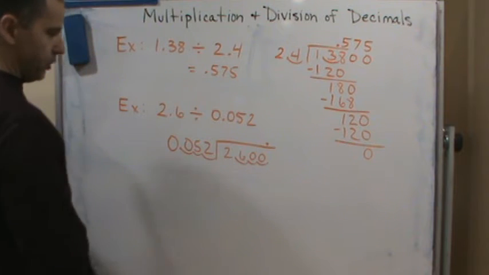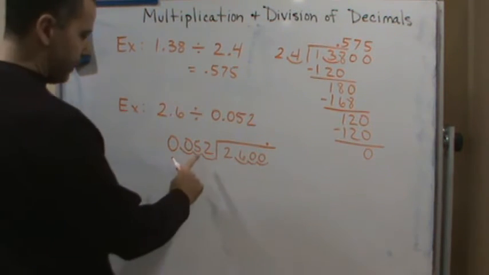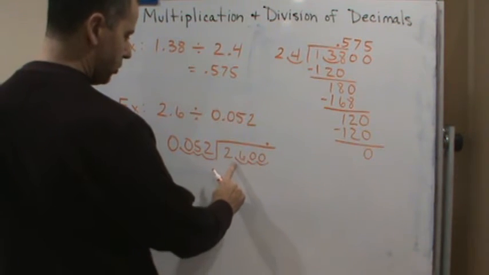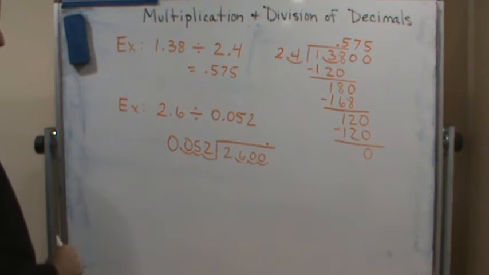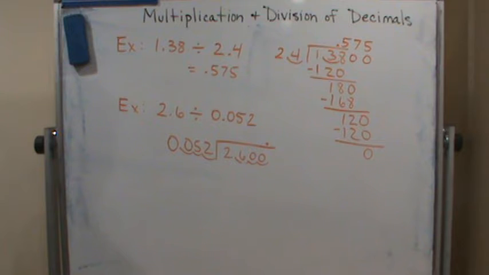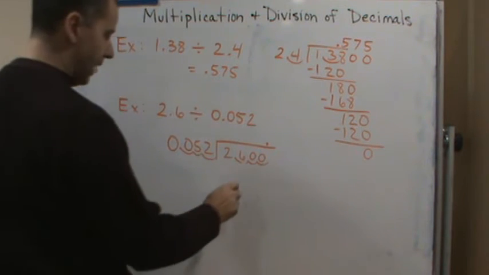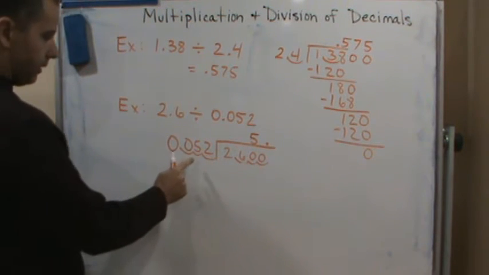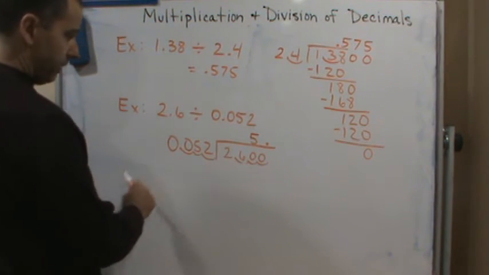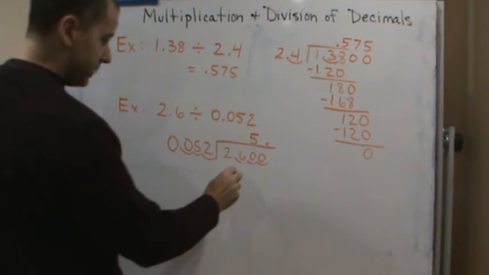So now my division problem becomes 2600 divided by 52. So now, how many times does 52 go into 260? Okay, that's going to be 5 times. And 52 times 5 is 260.